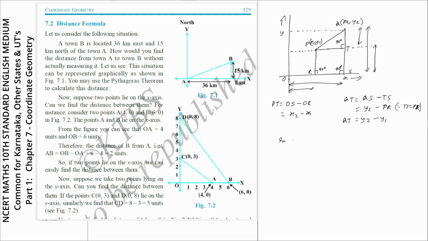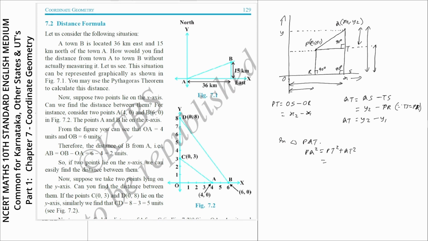Now in triangle PQT, angle T is equal to 90 degrees. Therefore it's a right angle triangle. Therefore applying the Pythagoras theorem, I will get the square of the hypotenuse. PQ is the hypotenuse. PQ square is equal to the sum of the squares of the other two sides, that is PT square plus QT square.